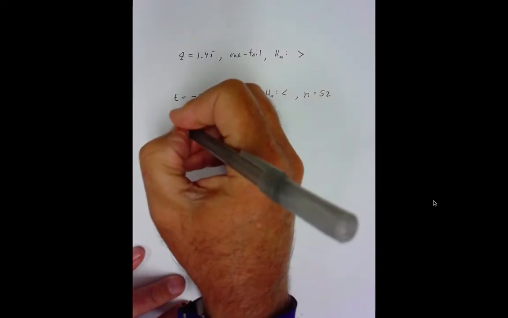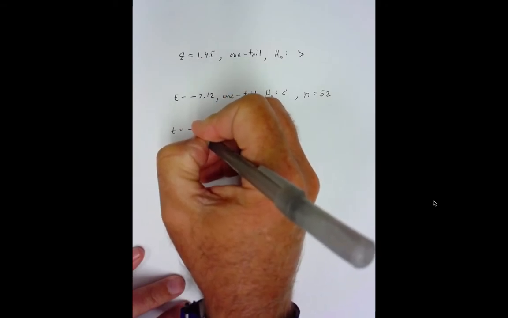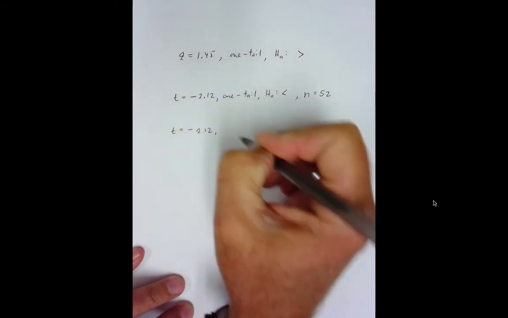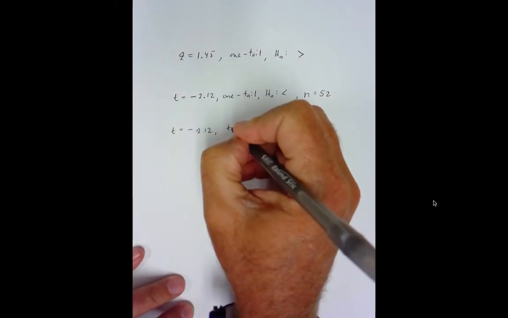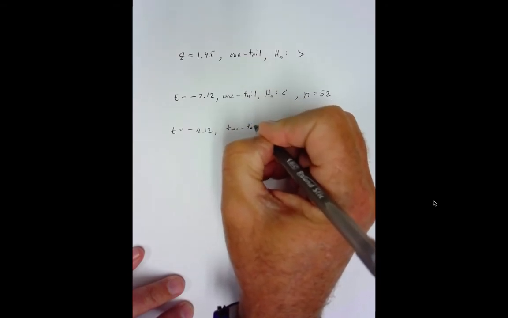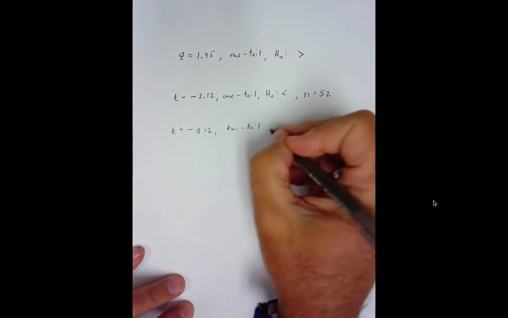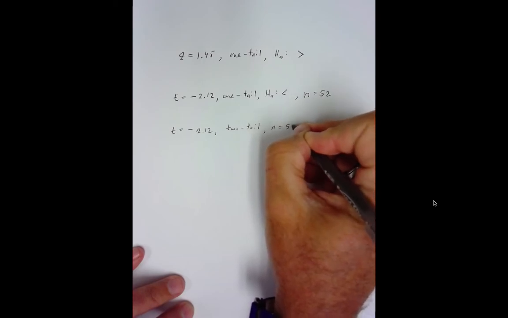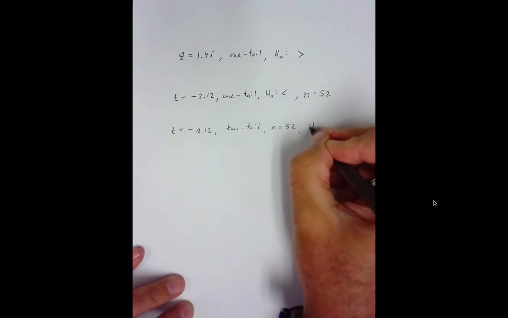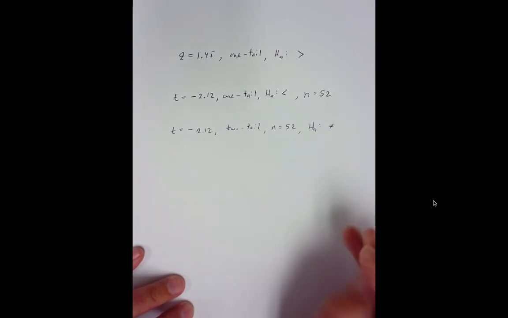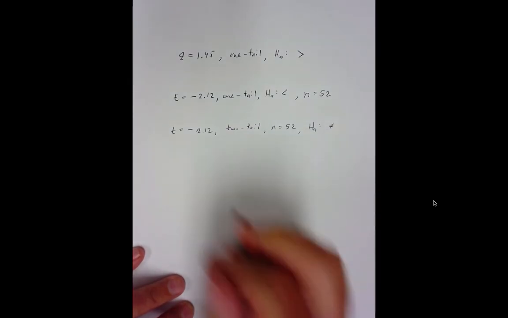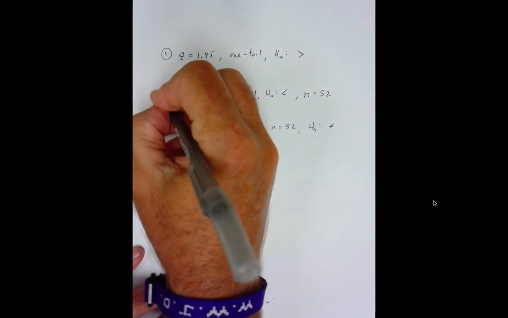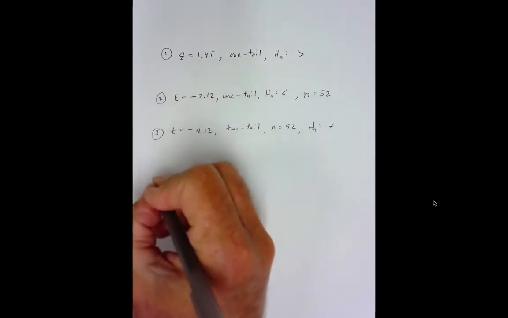The next one is t equal negative 2.12, two tail, sample size n equal 52. Since it's two tail, we know that H sub a is not equal to. So this is the first one, this is the second one, this is the third one.